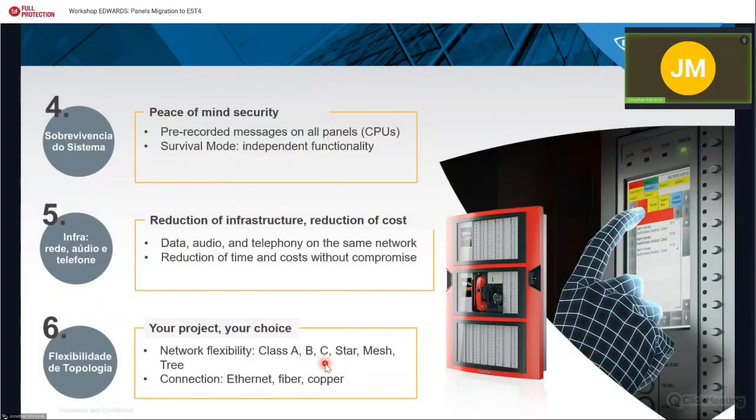And also you can do a merge between connections. You can have one port, for example, with maybe single mode, and the other port you can have copper, or maybe the other port you can have an Ethernet connection to another panel. So you can do that with the EST4.